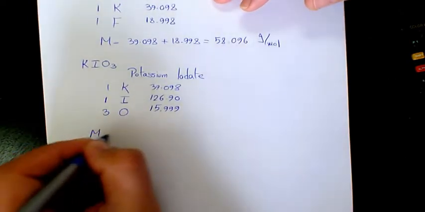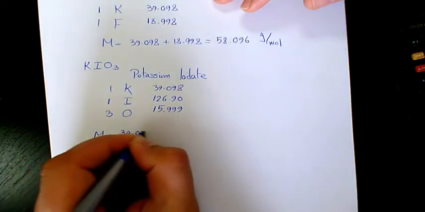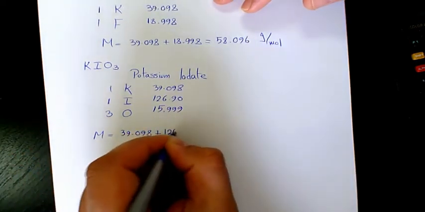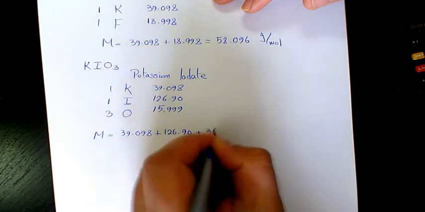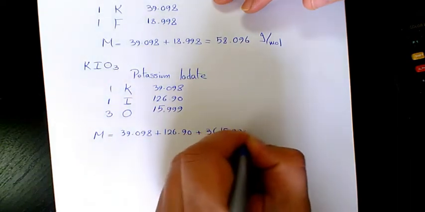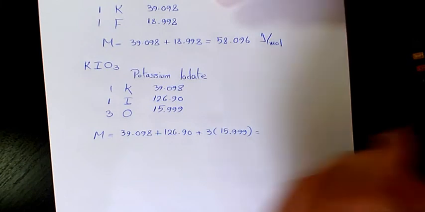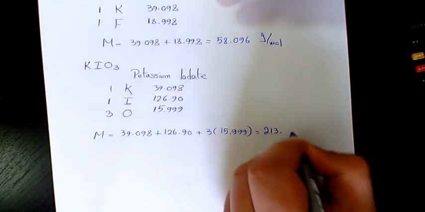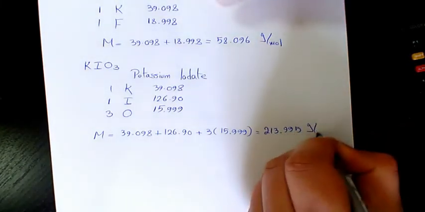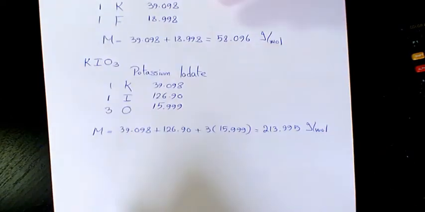So that's going to be 39.098 plus 126.90, plus 3 times 15.999. That's 213.995 grams per mole.